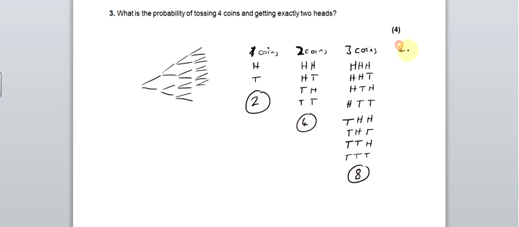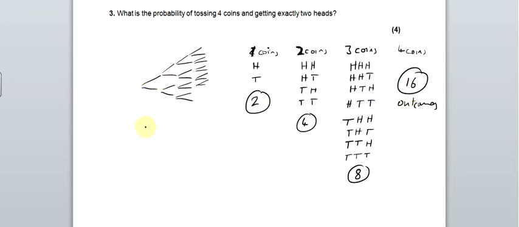So you can see 4 coins, 16 outcomes. So coins are fair, 16 completely equally likely outcomes, assuming they're fair coins. So it's going to be out of 16. So the question is, what is it out of?